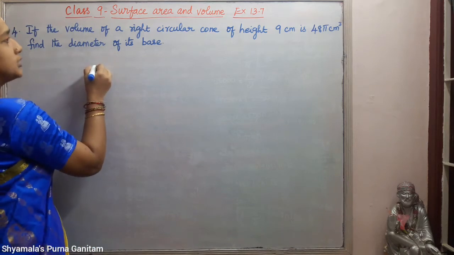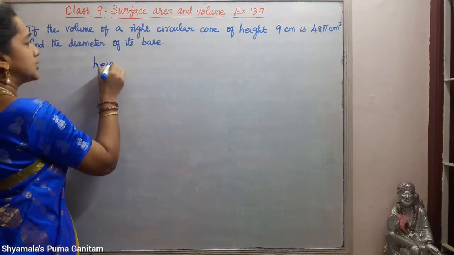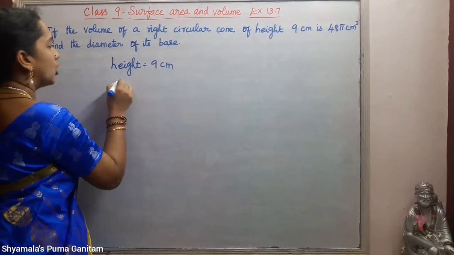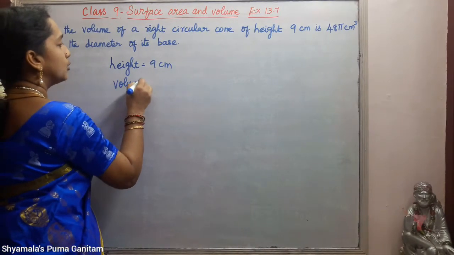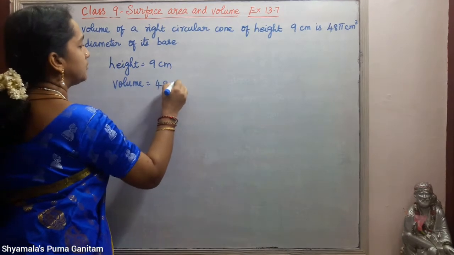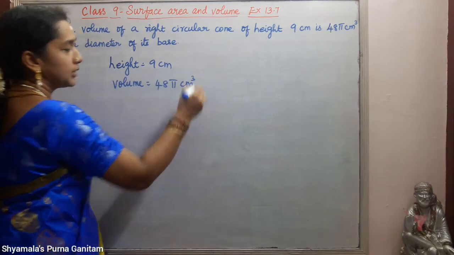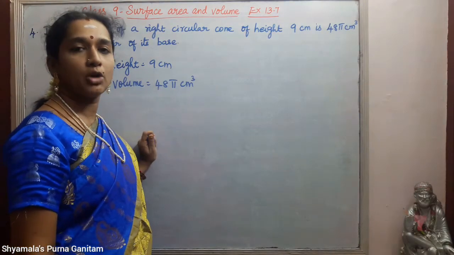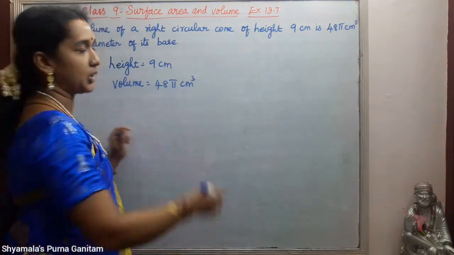So first, height is given. Height is equal to 9 centimeter and volume is equal to 48 pi centimeter cube. So we know that the volume of a right circular cone, the formula is 1 by 3 pi r squared h.